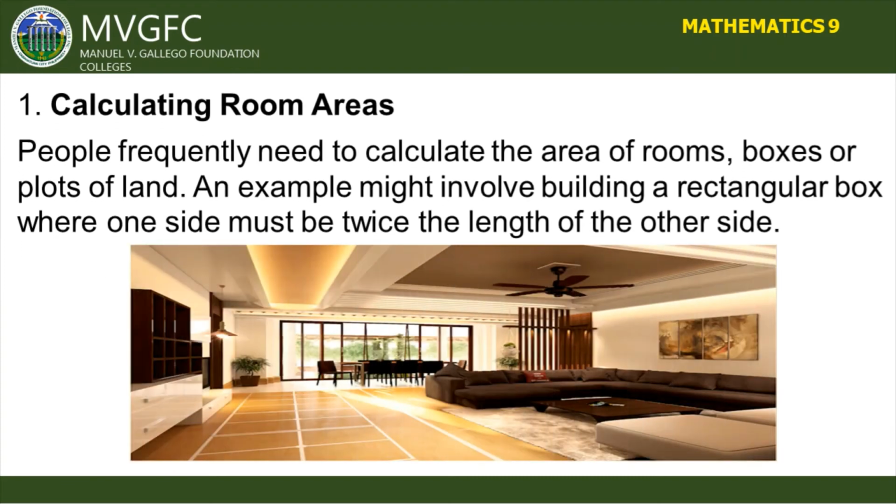It says here that people frequently need to calculate the area of rooms, boxes, or plots of land. An example might involve building a rectangular box where one side must be twice the length of the other side. For example, if you have only 4 square feet of wood to use for the bottom of the box, with this information, you can create an equation for the area of the box using the ratio of the two sides.